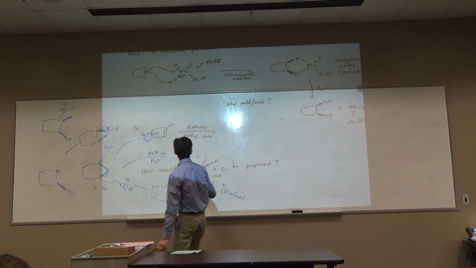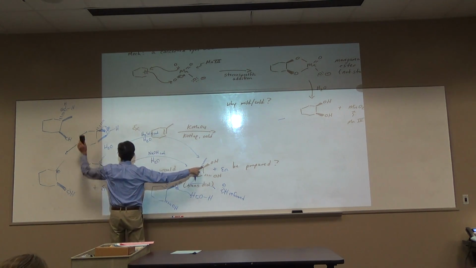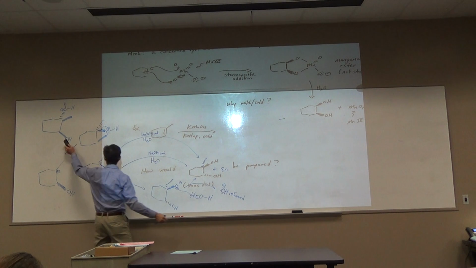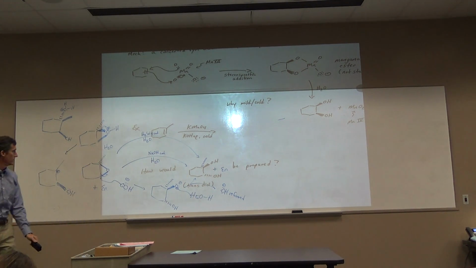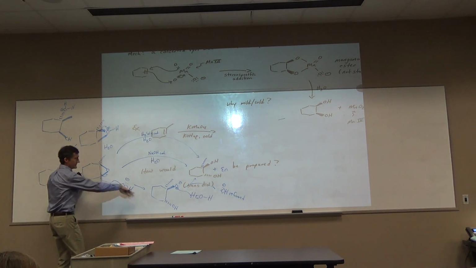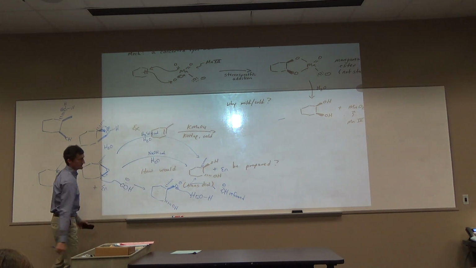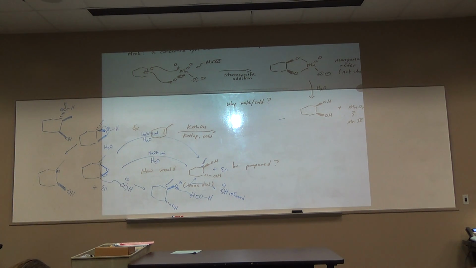Everything will be switched. Methyl's back, methyl's forward. OH is forward, OH back. You see how it's the enantiomer? This also gave an enantiomer, because there it is right there. And when OH attacks that, you also get the enantiomer. Everything up here has an enantiomer.